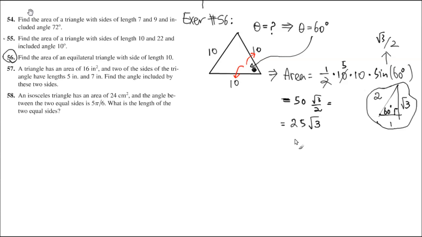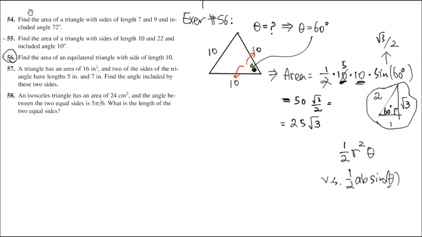For some reason at this point, whenever these two sides are equal to each other, students sometimes mix it up with the area of a circular sector. Remember the formula for the area of a circular sector? 1/2 times r squared theta, versus what we're looking at here, 1/2 times AB times sine theta.